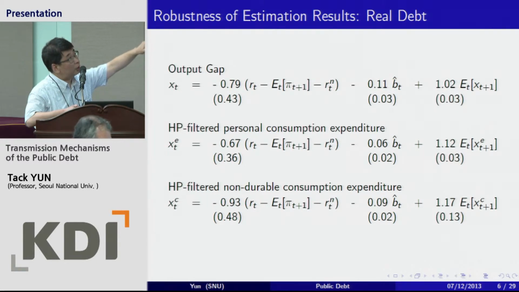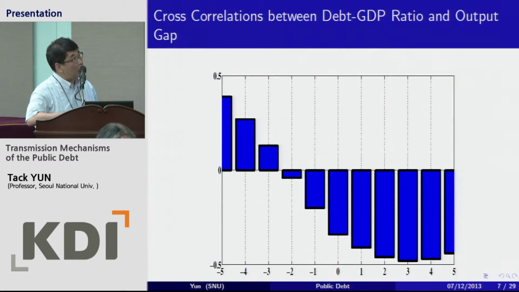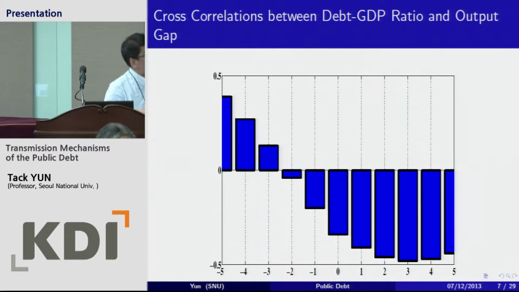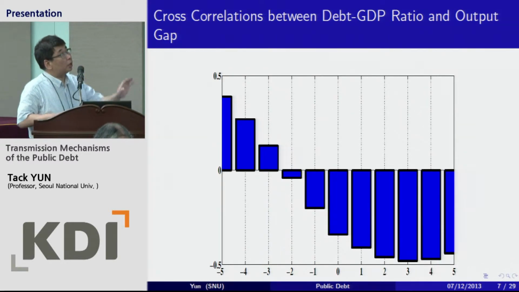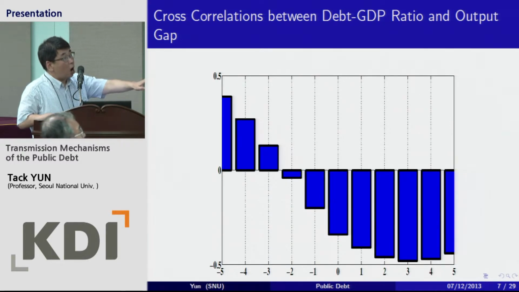this is actually the difference equation for the output. If we solve this one, we can find the forward-looking solution that expresses the current output gap in terms of the future debt. So here is the relation between the current output and the future debt to GDP ratio as we move from 0 to 1, 2, 3, 4.